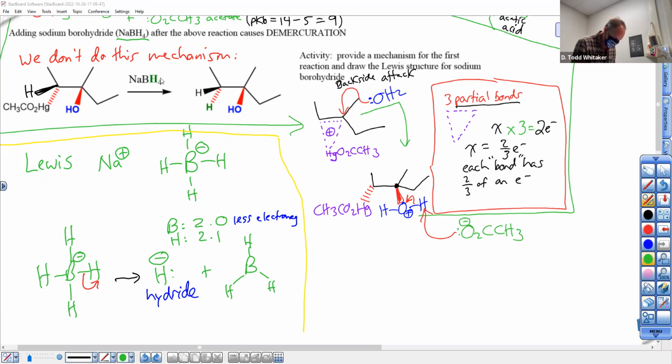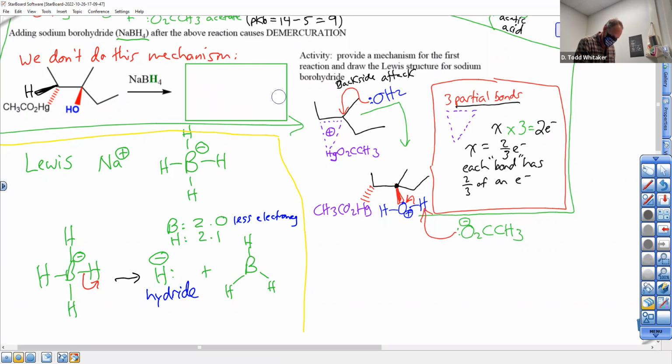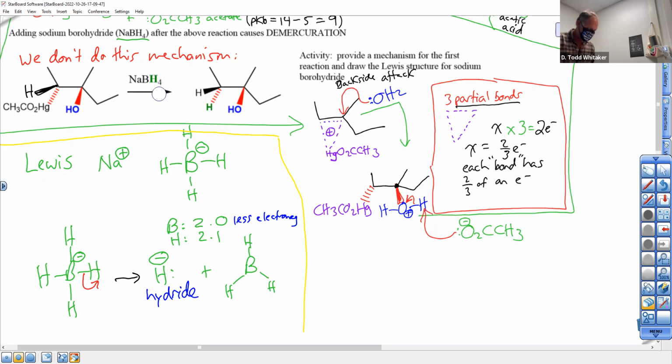Now, I can also have the box over here, in which case this is blank. And if that's blank, what are you going to put in the box? That. Okay? And that's your answer. So 2 ways to test NaBH4. 1, do you know what the chemical is that gets rid of the mercury and puts an H in its place? And you put this chemical down. 2, if you react this chemical with this chemical, what's the result? And you give me this chemical. Those are the 2 ways I'm going to ask. And that's it for this video.